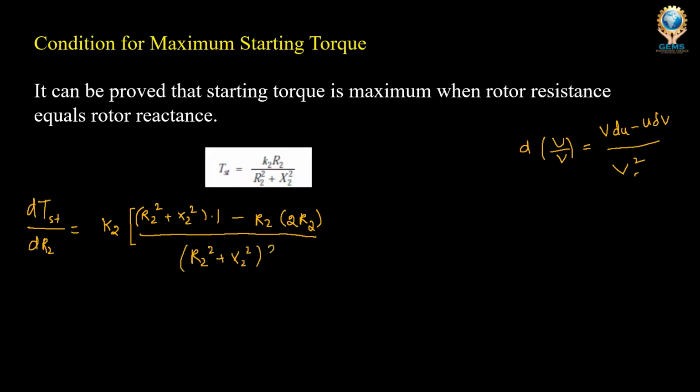So that is V square. Then the condition is that we have to equate it to 0.